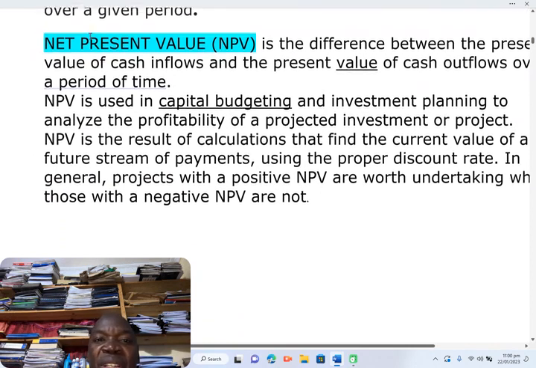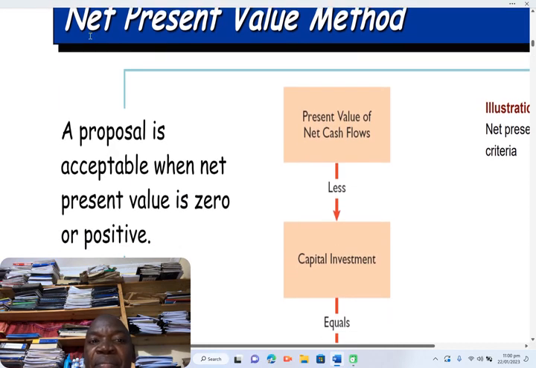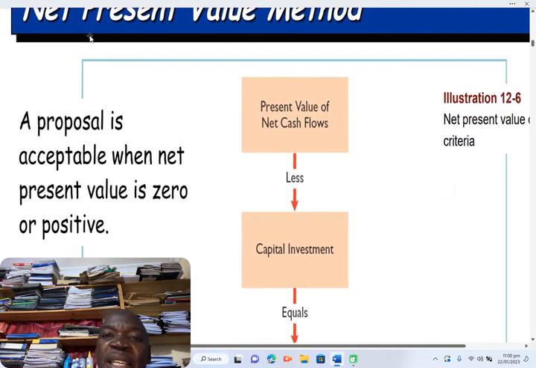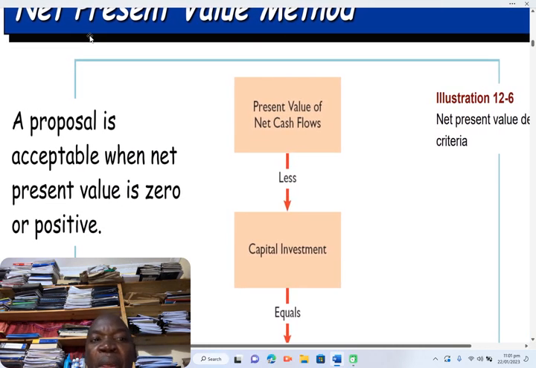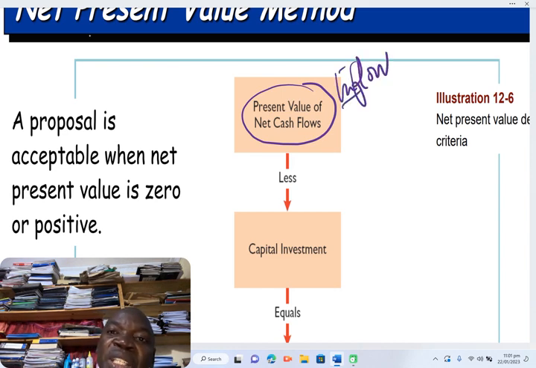So at the read notes, that is very good. So in summary, if you have a project proposal, a proposal may be accepted or rejected. In the first case, you compute the present value of net cash flow. So this is discounted cash inflow. Again, you have capital investment.